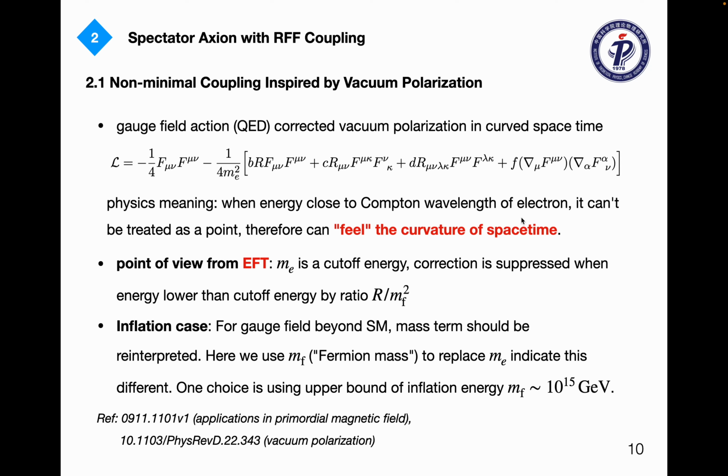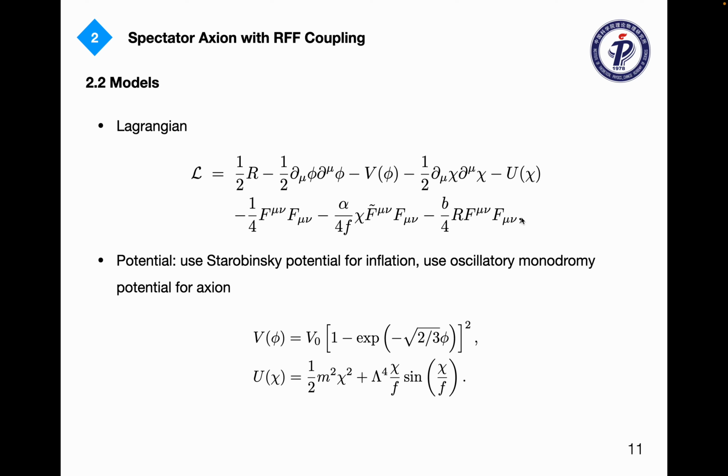However, in our inflation case, we do not use QED, so we need a different physical explanation. So we will explain the action used in our study as an effective field theory, and use the energy scale of the inflation as a natural energy cutoff scale.